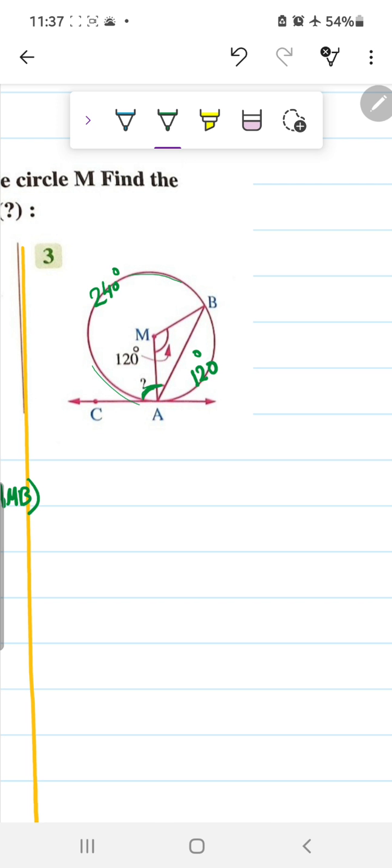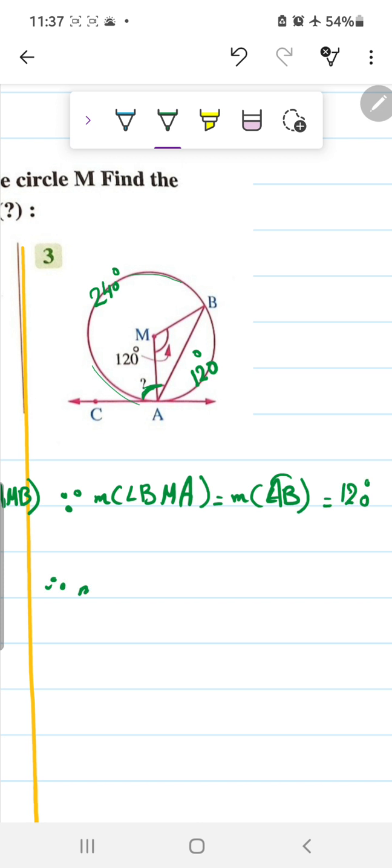So BAC is angle of tangency, and its measure equals half the measure of the major arc AB. Okay, so here first, since measure of angle BMA equals measure of arc AB equals 120, therefore measure of major AB equals 360 degrees minus 120, it means 240 degrees.